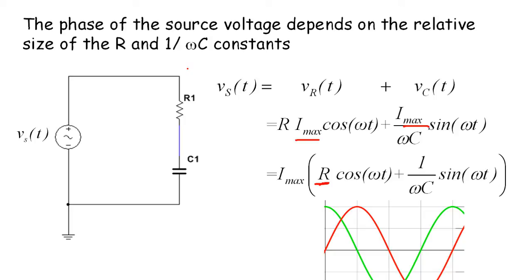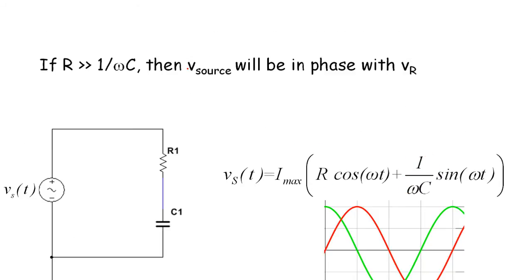One is R, and the other one is 1 over omega C. Now, the phase of the voltage source is going to depend on the relative size of these two constants. If you divide by omega C, 1 over omega C is in the same units as resistance. Amazing.